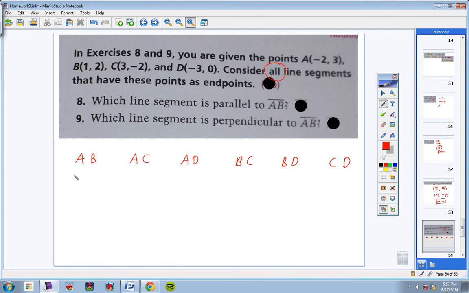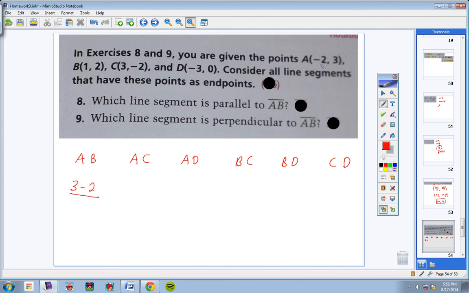And don't forget, slope is, I'm going to write it real bigger, then I'm going to erase it. The slope formula is y minus y over x minus x, okay? Please don't forget that. So with that in mind, here we go. So we're going to start off with points A and B. So y minus y, that's going to be 3 minus 2.